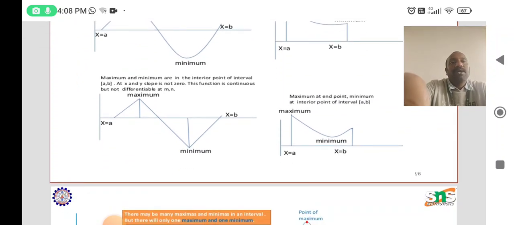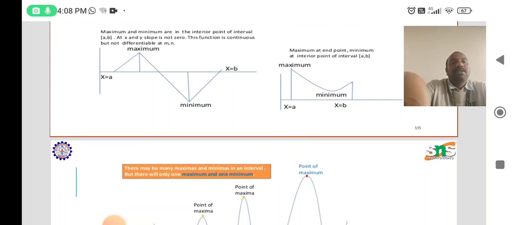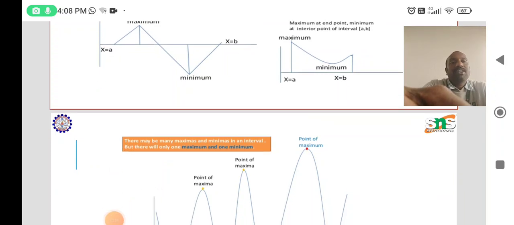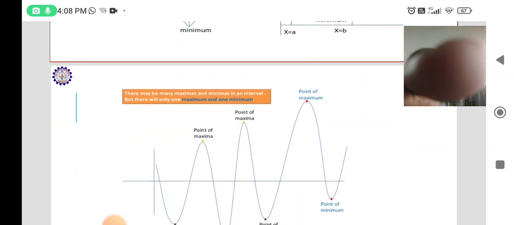So the extreme maximum value and minimum value are given in the diagram.